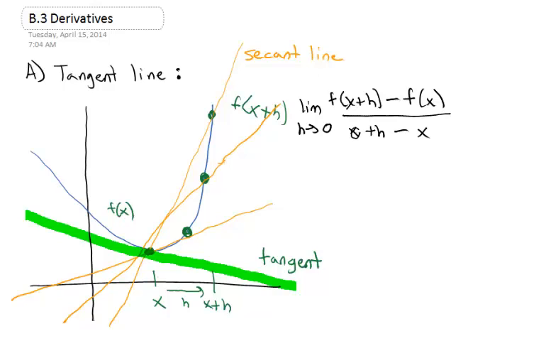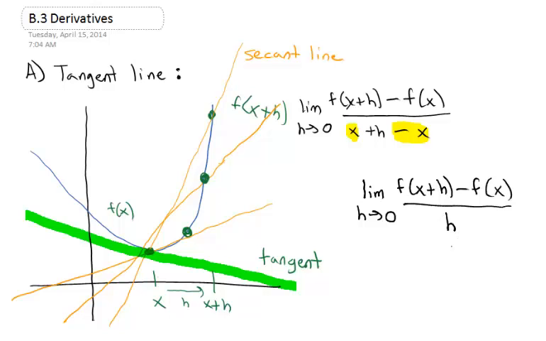And just like before, the x minus x parts will subtract out to 0. And so we end up with this formula: the limit as h goes to 0 of f of x plus h minus f of x all over h.